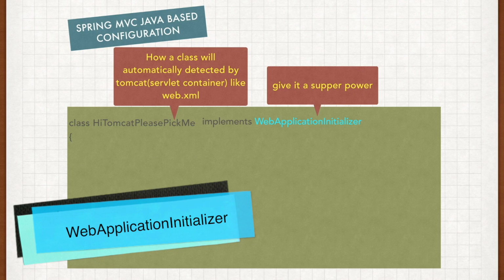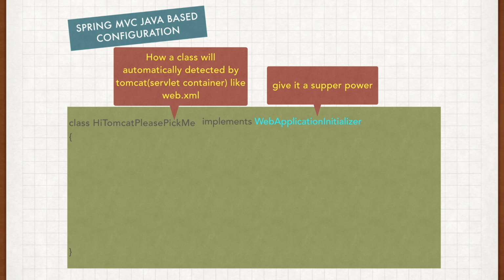This interface is given by Spring MVC. And Spring MVC says that if your class implements the WebApplicationInitializer and if you have a latest J2EE container which is built above Servlet 3.0 version, then obviously Tomcat is going to pick up this particular class automatically.